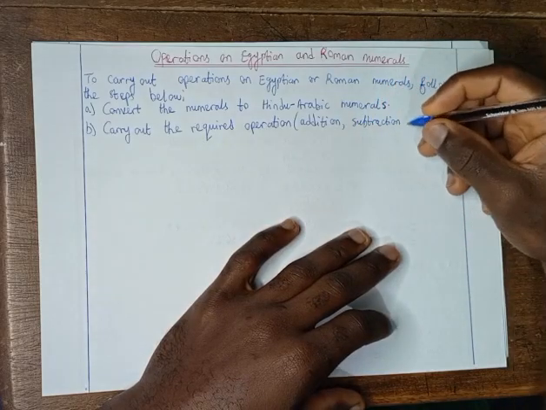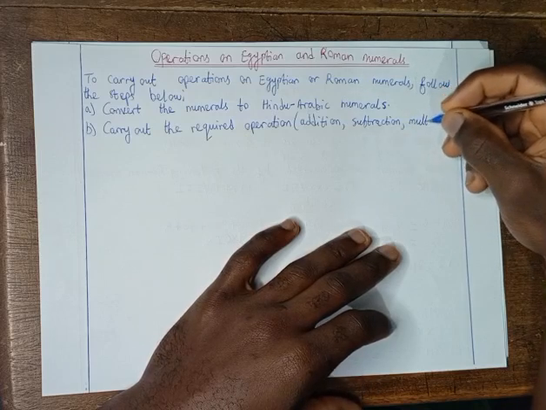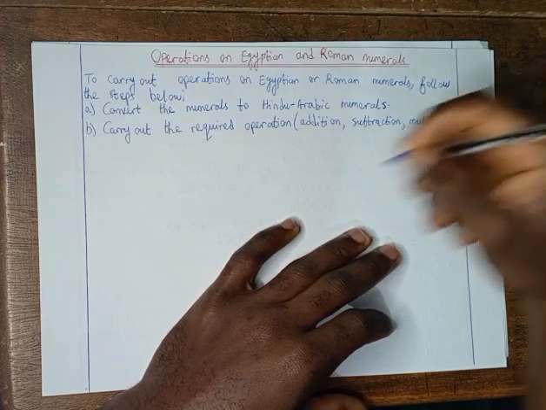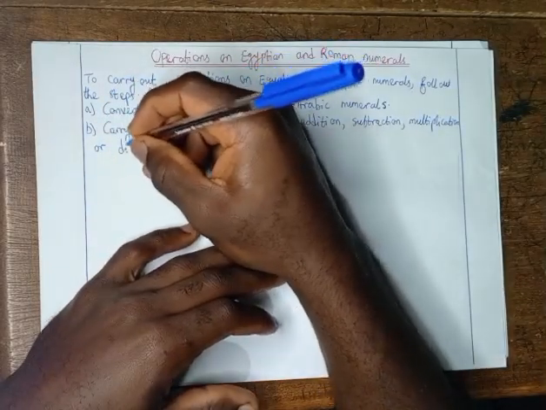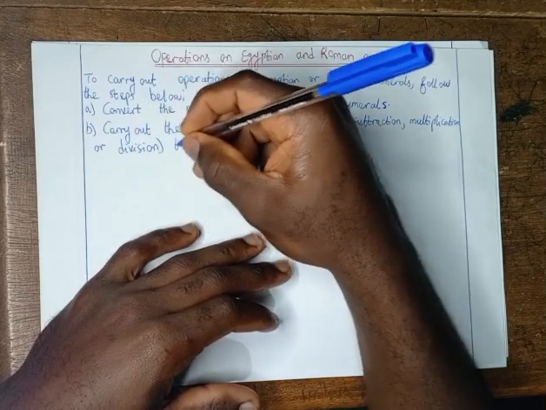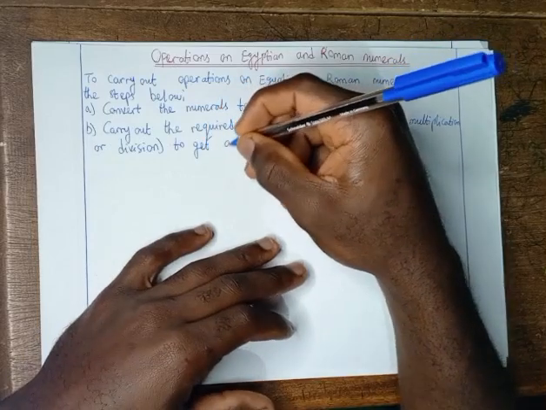This is addition, you carry out addition. This is subtraction, you carry out subtraction. This is multiplication, you perform the multiplication. This is division, you perform the division to get a result.